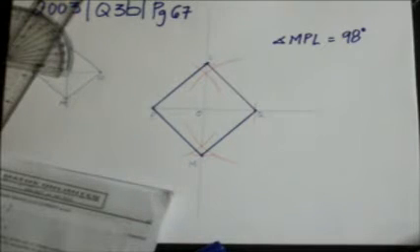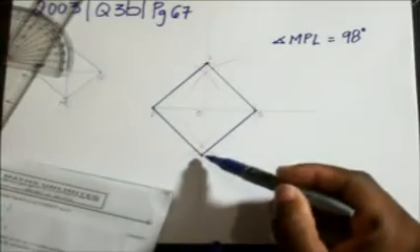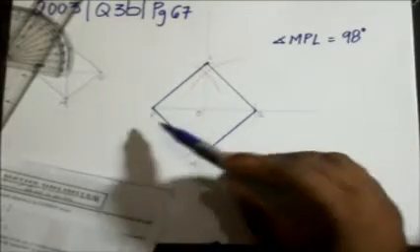Next we're asked to state what type of parallelogram PLQM is and give a reason for your answer. Now PLQM, what do we know about it? We know that LM bisects PQ.